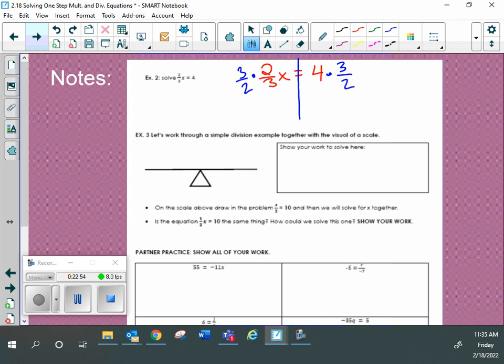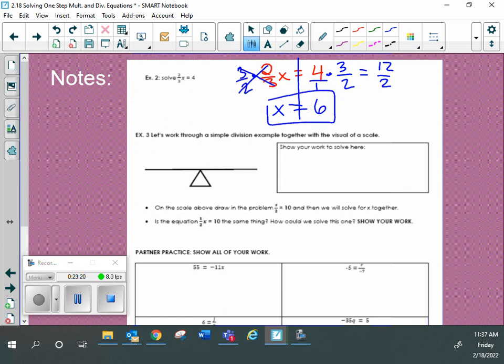It's a little spicier, pause and play with your right side. All right, so on this side, what ends up happening when I multiply on this left side? It cancels each other out, and so I'm just left with x. To multiply a whole number by a fraction, I can put it over 1. Up top I get 12 over 2, and that simplifies. 12 divided by 2 is 6.